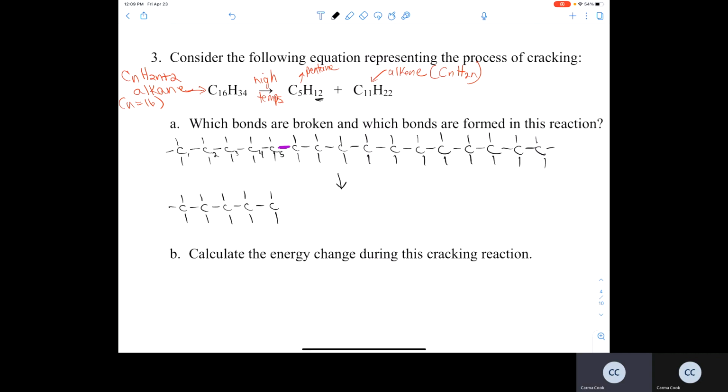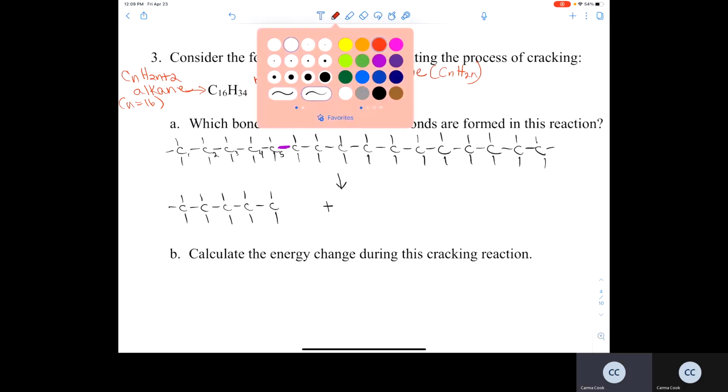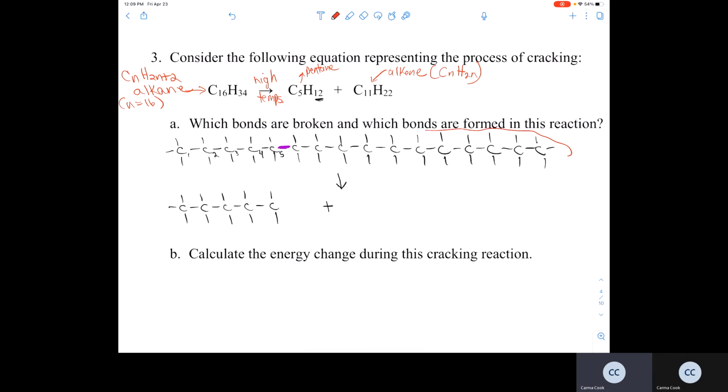So what's going to happen is, in order to form the double bond in the other piece, the 11 carbon piece will be these.